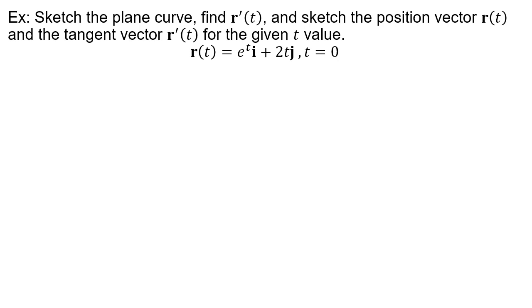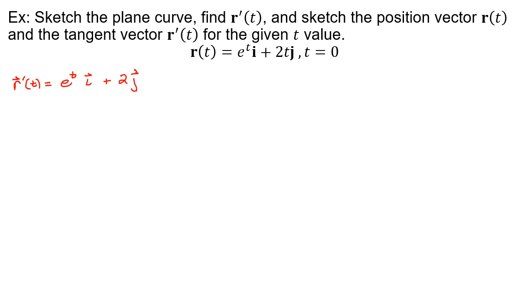Okay, we'll try one more of this type. So here we're working with e to the t i plus 2t j when t is 0. For my derivative, I'll start just like I did on the other ones. The e to the t doesn't change, so it's still e to the t times i, but the 2t becomes just 2 for the derivative, and the j just comes along for the ride.